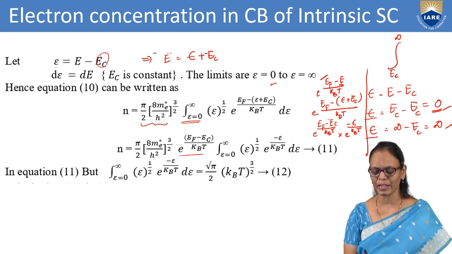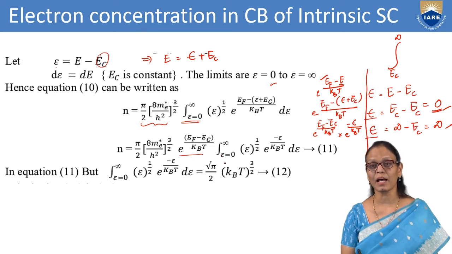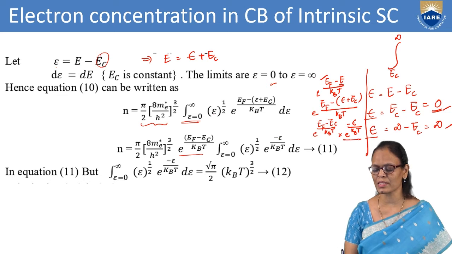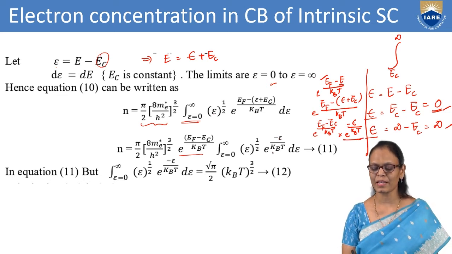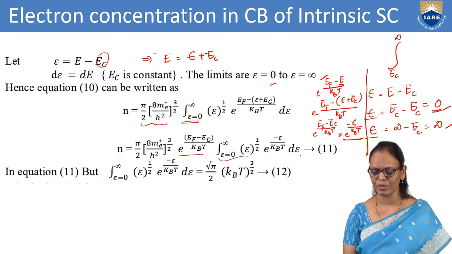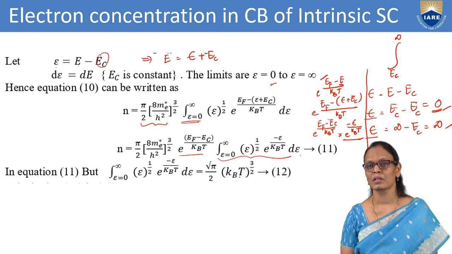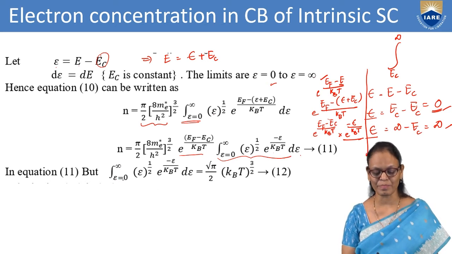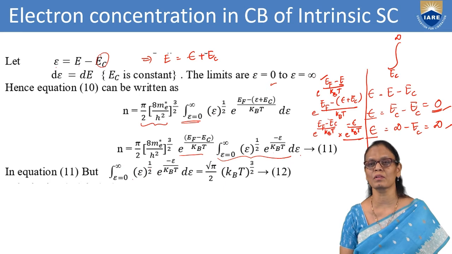So if I can bring it outside the integral, I have all this to be constant. Integral epsilon from 0 to infinity, epsilon power half e power minus epsilon by kBT d epsilon, only this term remains. Now we are going to use one more result: the integral from 0 to infinity of epsilon power half e power minus epsilon by kBT d epsilon is given by root pi by 2 into (kBT) power 3 by 2.